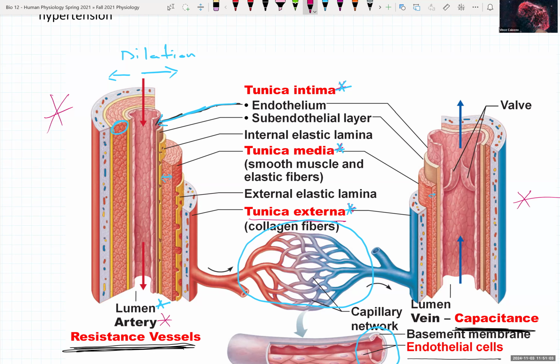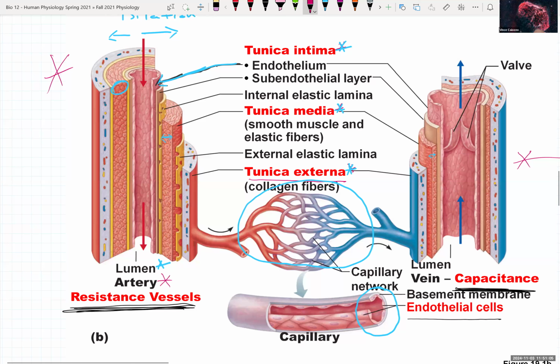In between these two, we have the presence of capillaries. It's here at the level of the capillaries that we have things like gas exchange, the movement of ions into and out of the circulatory system, and the movement of metabolites into and out of the circulatory system. Remember that diffusion only occurs effectively at the capillary level.